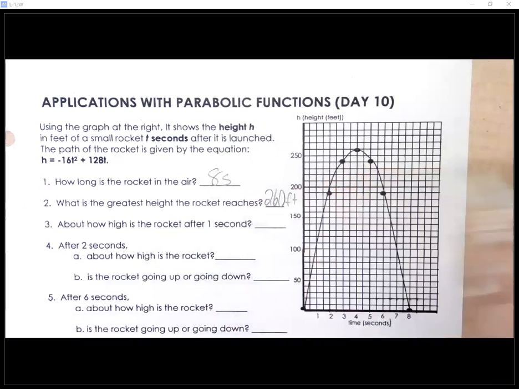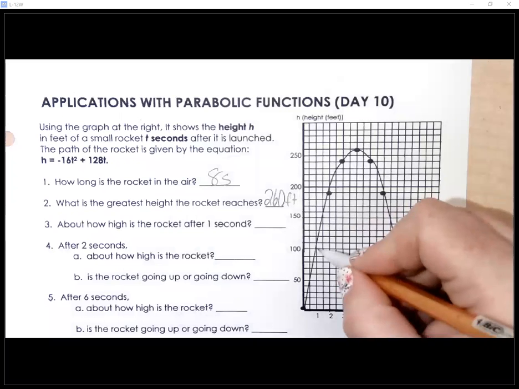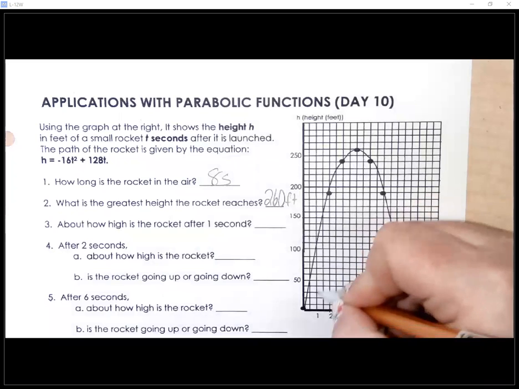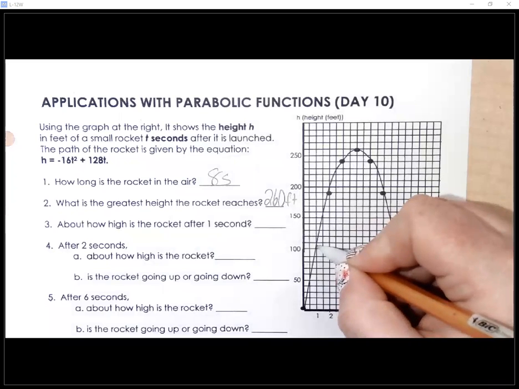Now, how high is the rocket after 1 second? I'd actually go a little bit above 100. I might say 105, because it's not hitting right there at the lattice point.